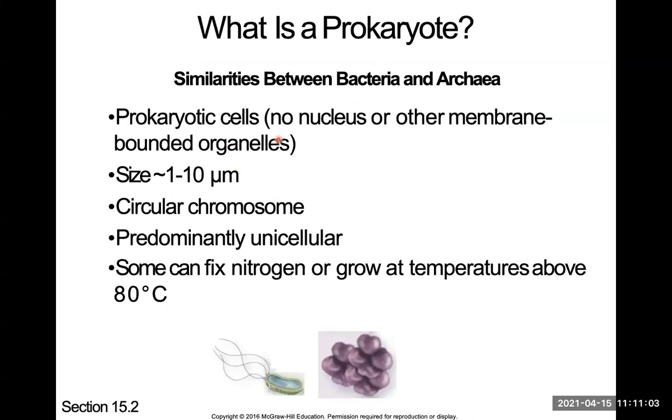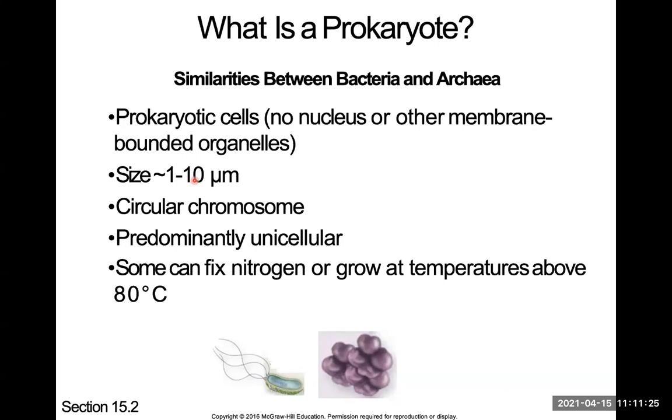So prokaryotic cells, we already said, means no nucleus or other membrane-bound organelles. So we already wrote that down. The size for this is from 1 micrometer to 10 micrometers. 10 micrometers is the size of a printed period. That's the biggest prokaryote they found.